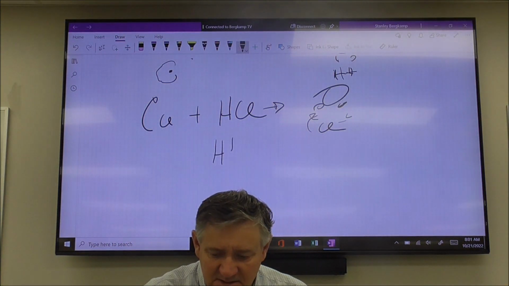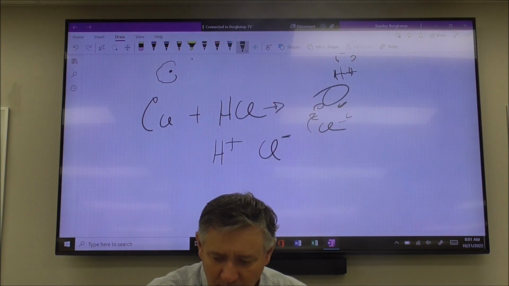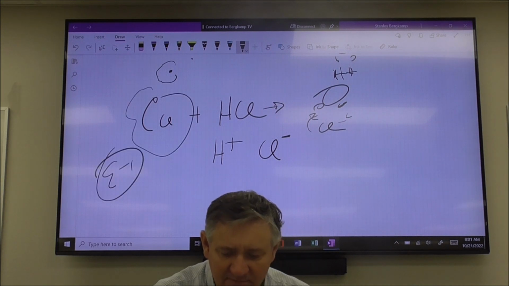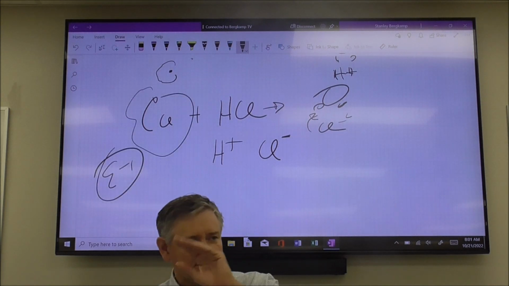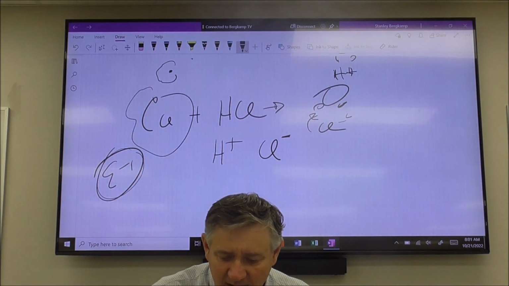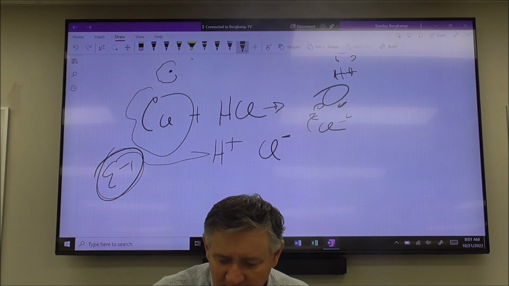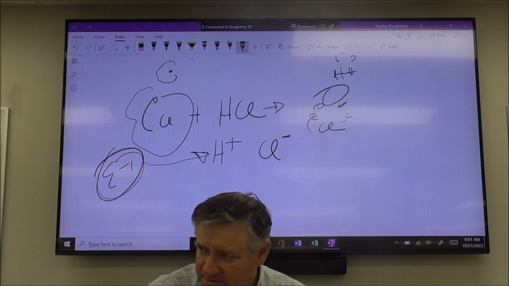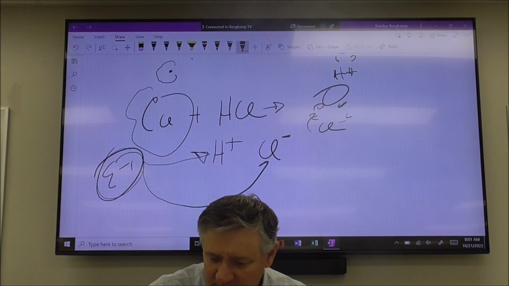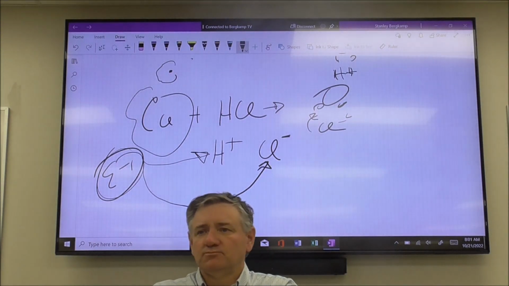This is H+, and this is Cl1-. Calcium wants to get rid of negatively charged electrons. So is calcium going to give up those electrons to the hydrogen, or is it going to give up the electrons to the chlorine? Which one?